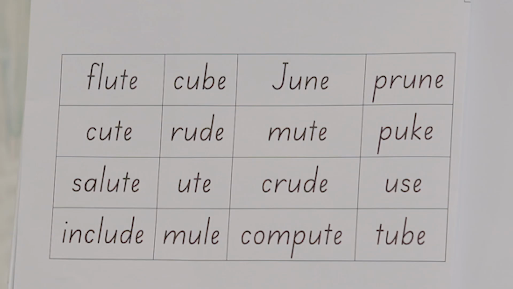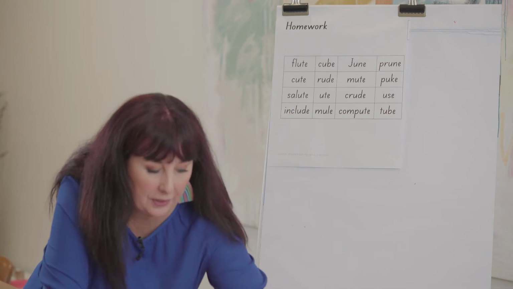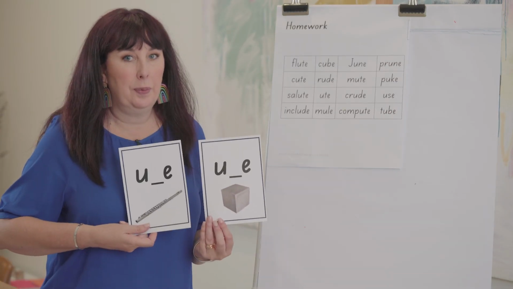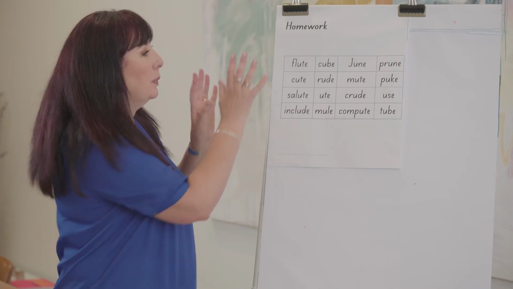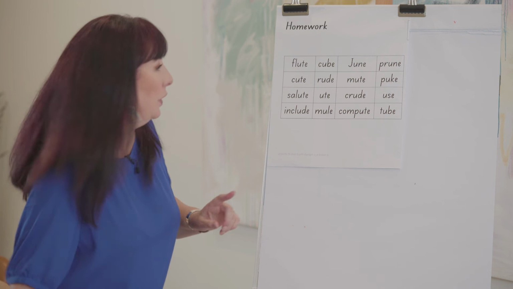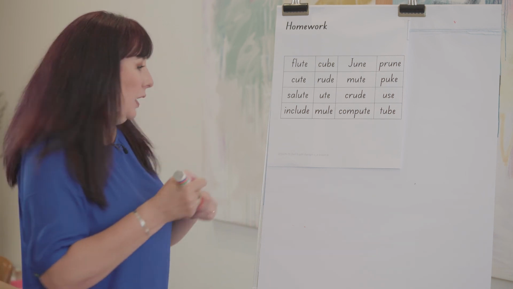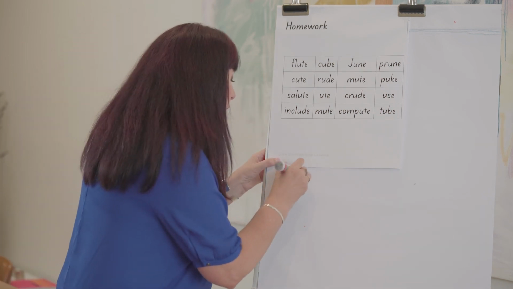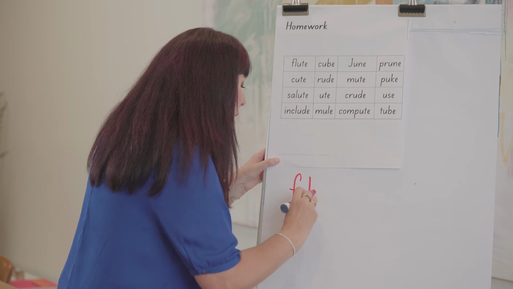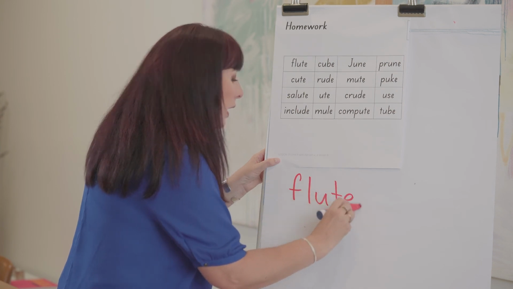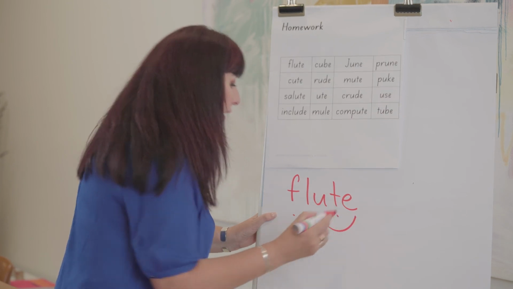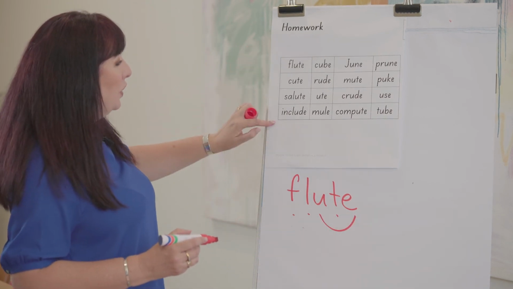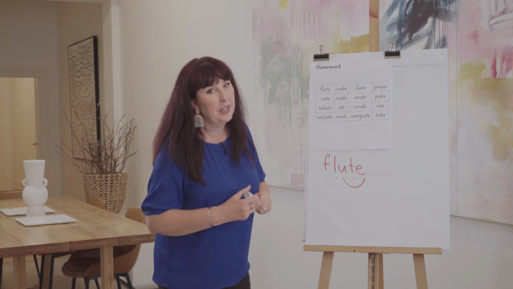Because we've got the two different sounds that the split digraph U makes, I'd just like you to practice the split digraph with all of these words. So you can get your texter, you can write the word flute, and then I'd like you to dot dash dive the word, flute. And I'd like you to do that for all of these words.